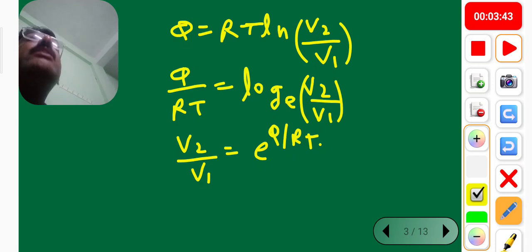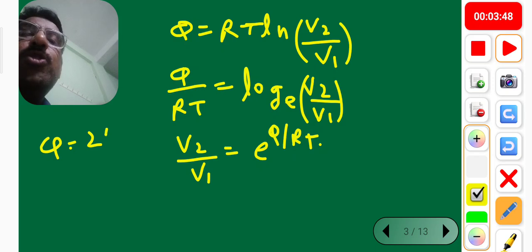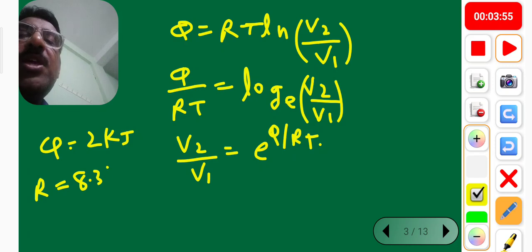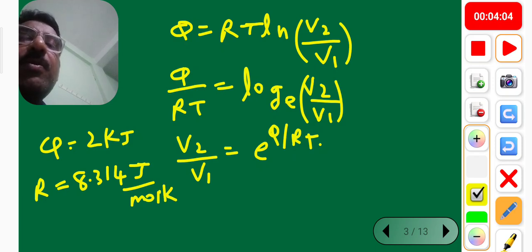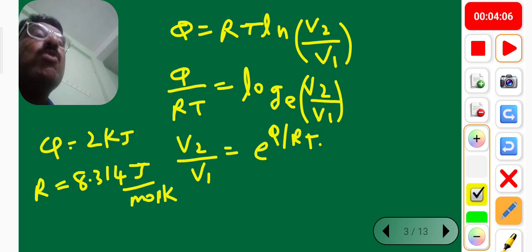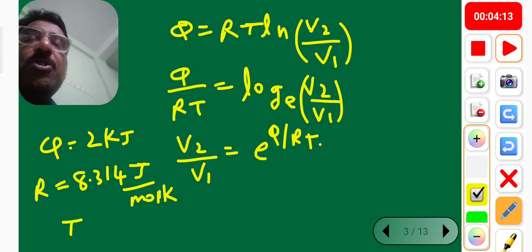What is the value of Q given to you? Q is given as 2 kilojoules. What is R? R is equal to 8.314 joules per mole Kelvin, the universal gas constant. And the temperature is given as 300 Kelvin.